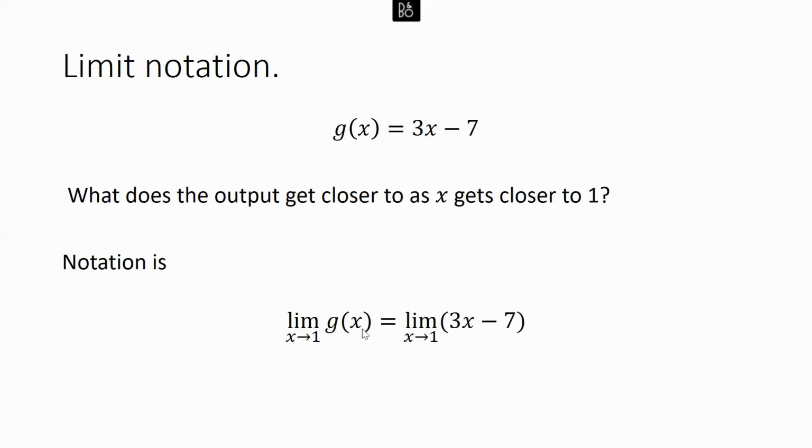Or if you'd rather, it turns out you can write it LIM x arrow 1, and instead of g of x, you can just replace that with the expression that g of x represents, the 3x minus 7. So that's the shorthand for saying we want to find what the output is as the input gets closer to 1.